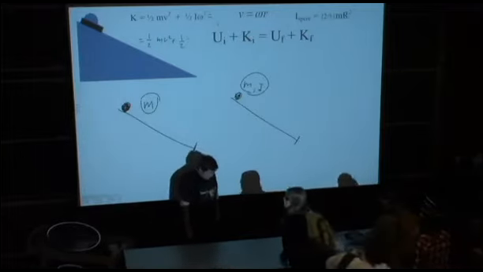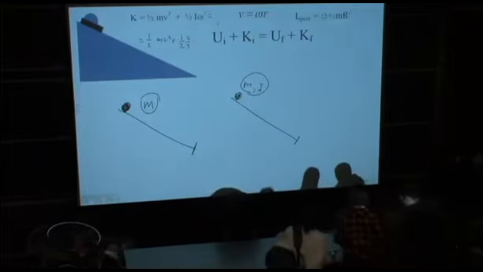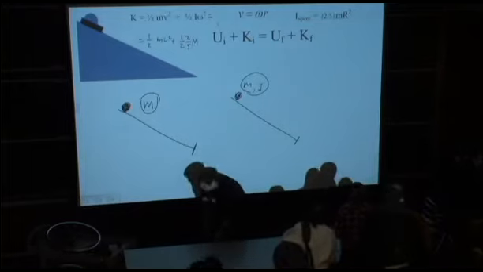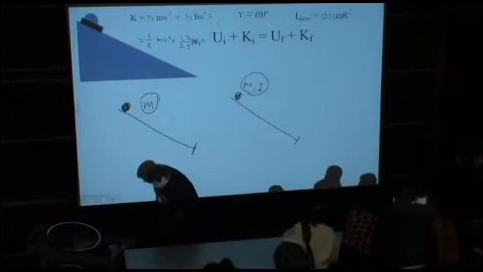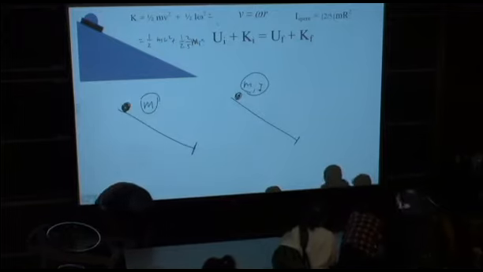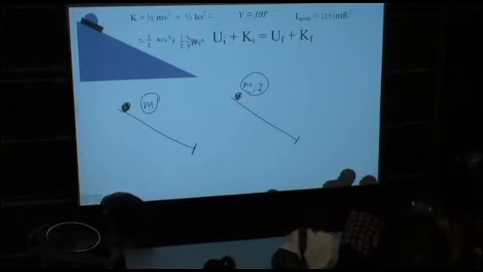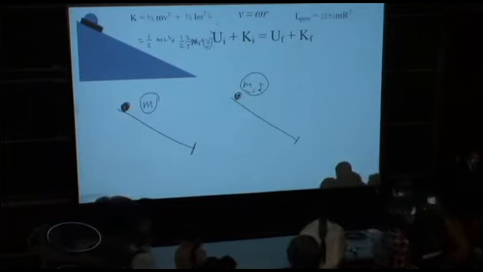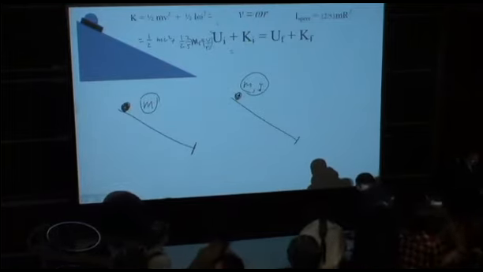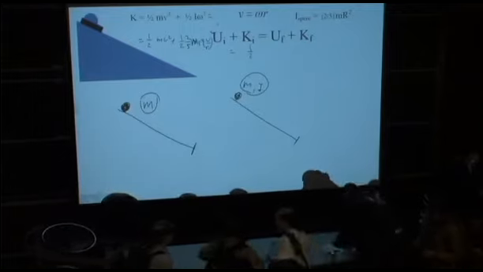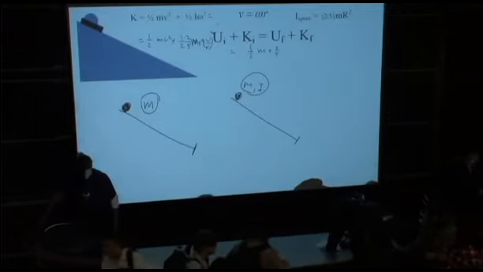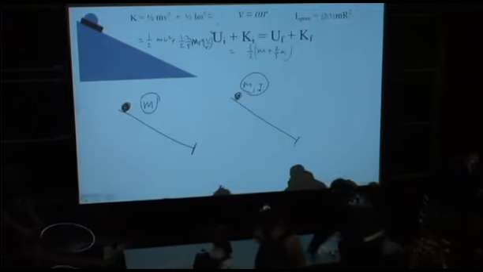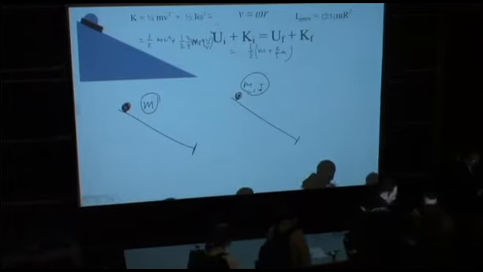If this is a sphere, 2/5 mass, same mass, radius squared, and angular velocity will be equal to speed over r squared. So for the rolling sphere, you have literally more inertia.